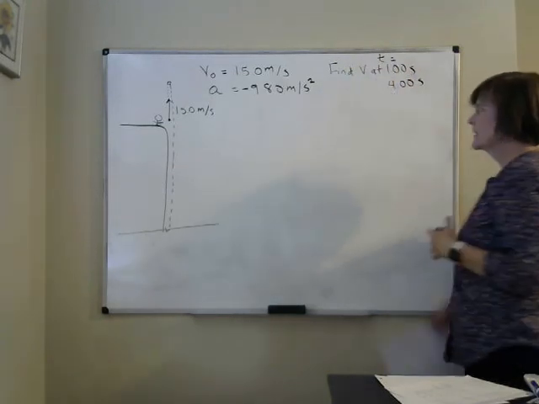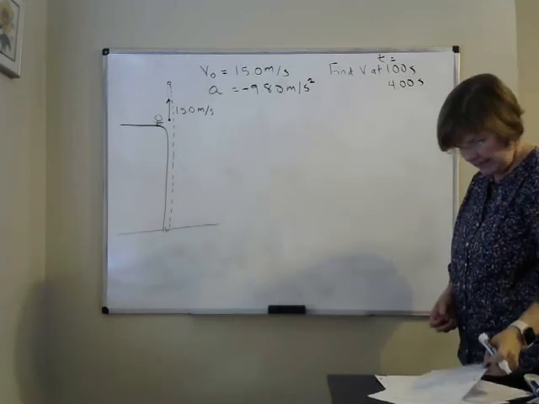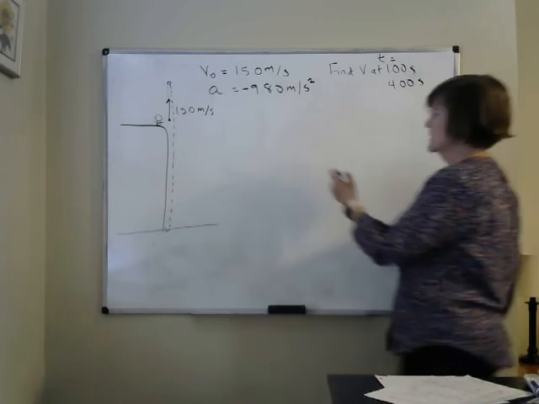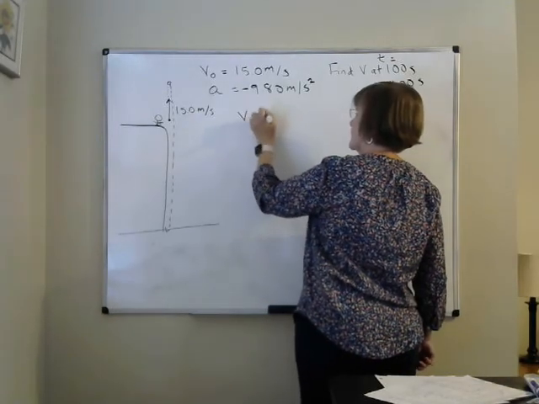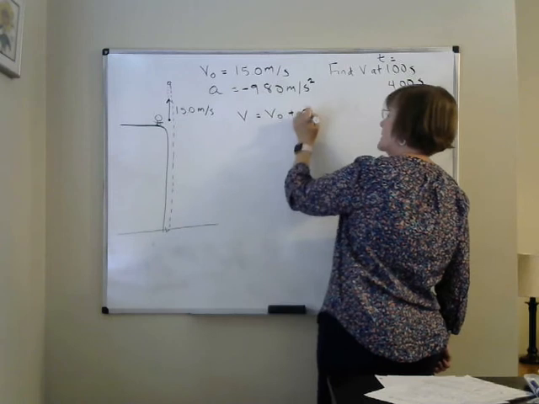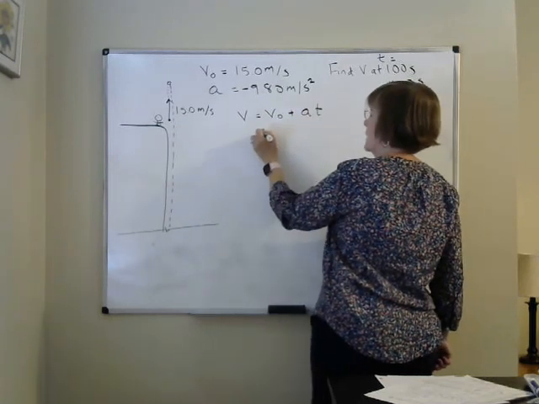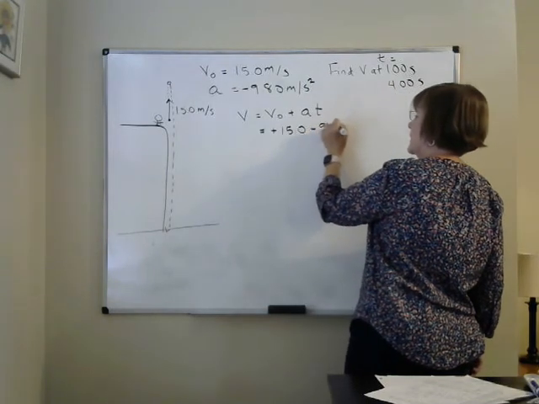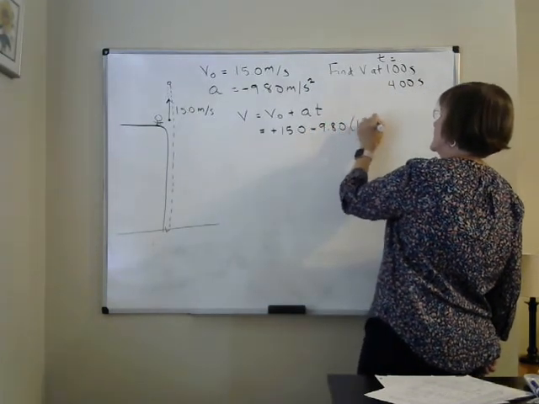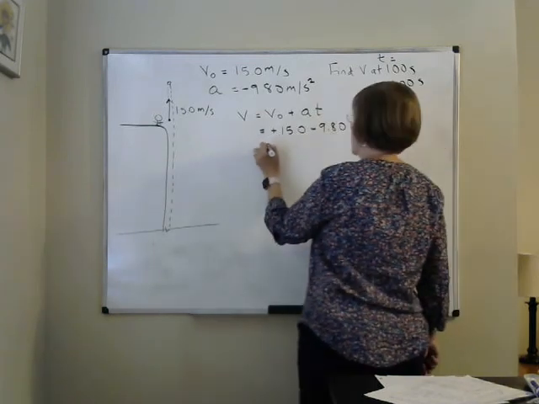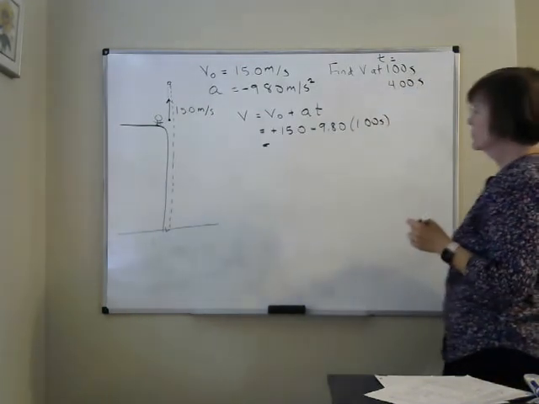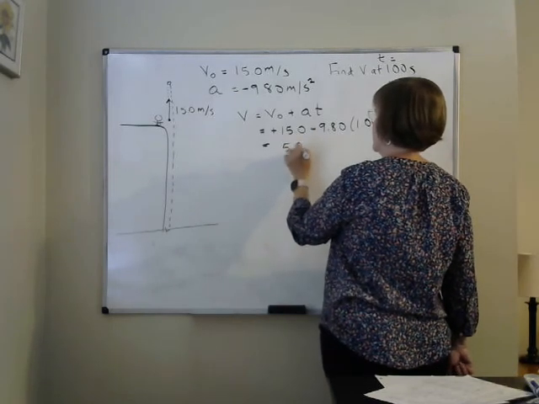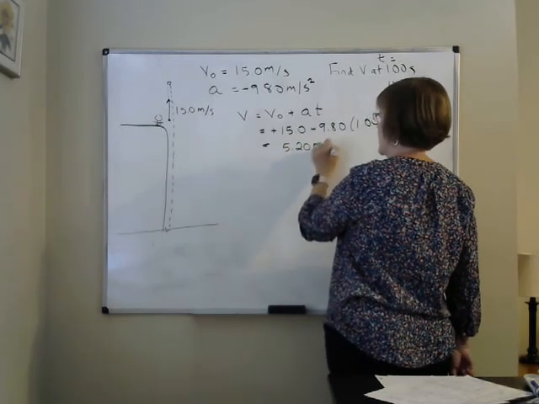So we're going to find two different velocities. How fast is it going at 1 second? How fast is it going at 4 seconds? So there's our basic velocity formula. This was positive 15 minus 9.80 for 1 second. And we see it's going to be going 5.20 meters per second.